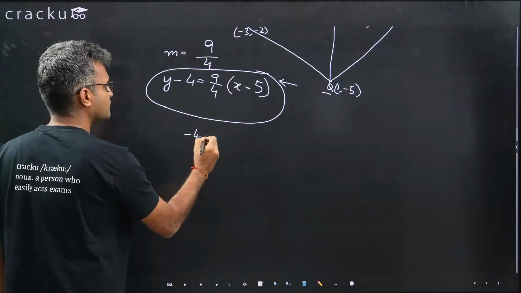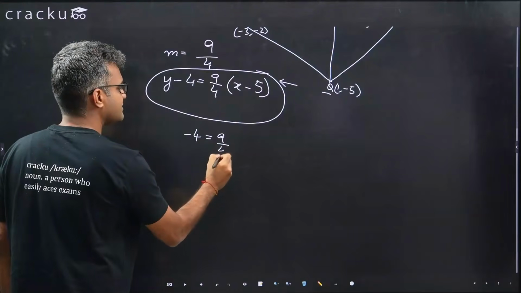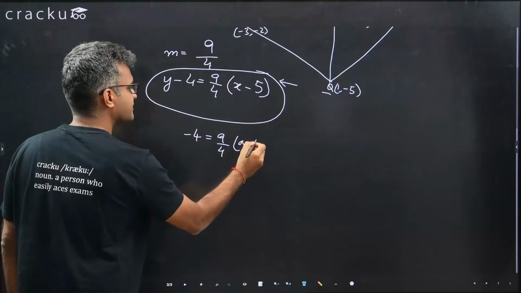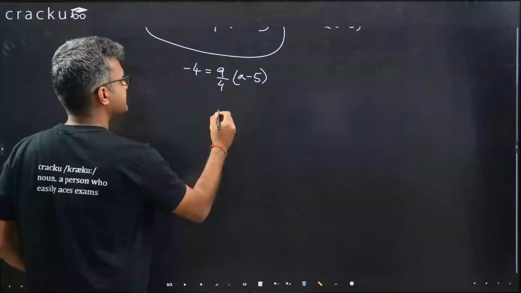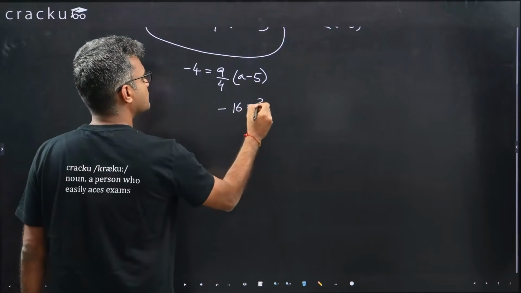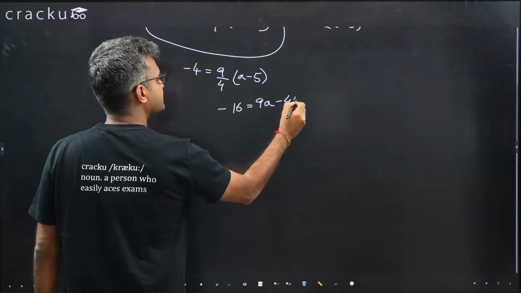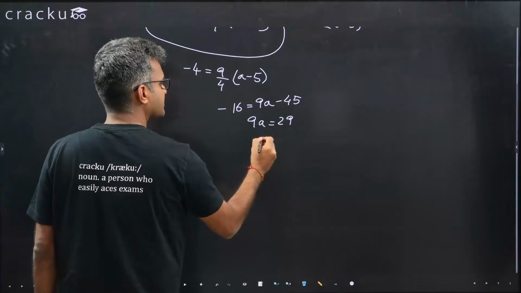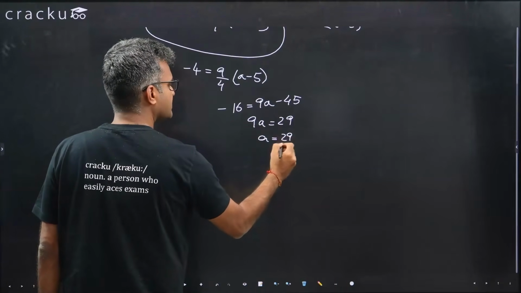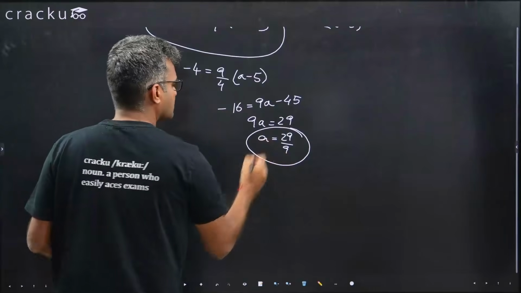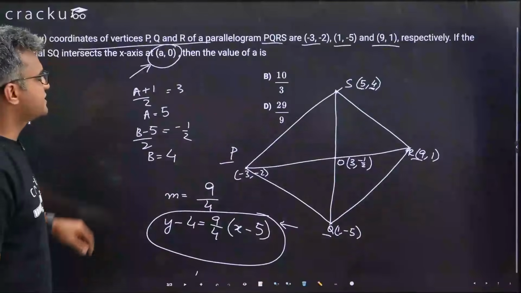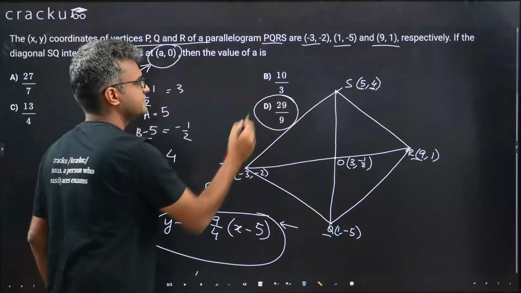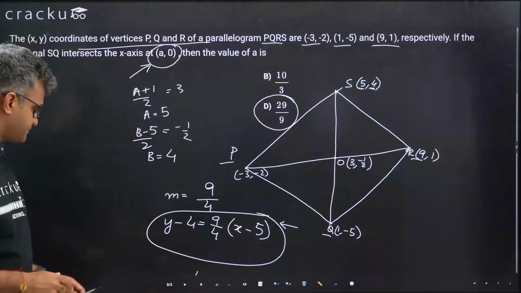So this is minus 4 is equal to 9 by 4 into a minus 5. This is minus 16 is equal to 9a minus 45. Or 9a is equal to 29, a is equal to 29 by 9. So the answer for this particular question is option D, which is 29 by 9.